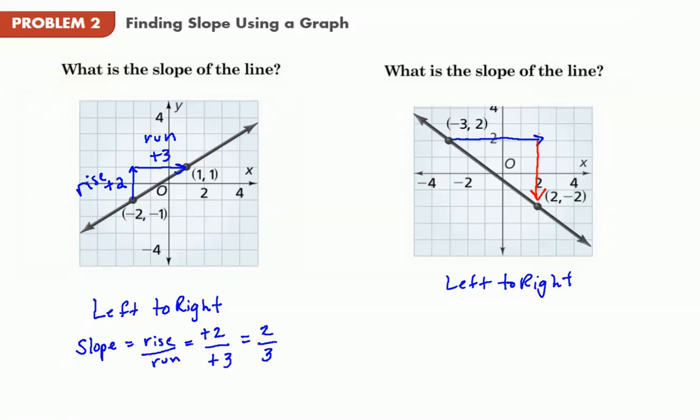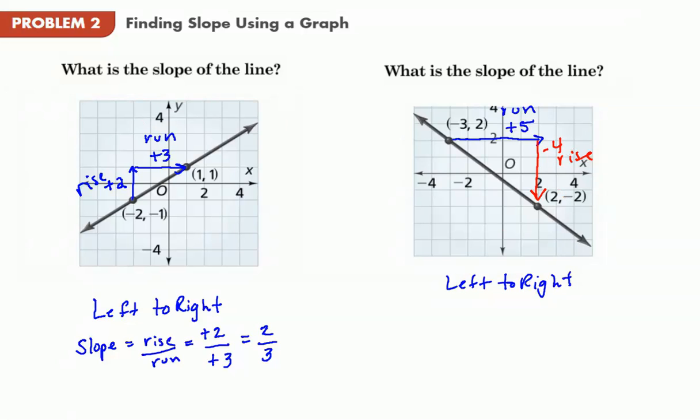So from left to right, I told you that this will always be positive, so you have 5 values here of +5. But then you have to go down. When you're going down, that means our rise is going to be negative. So that's a -4.